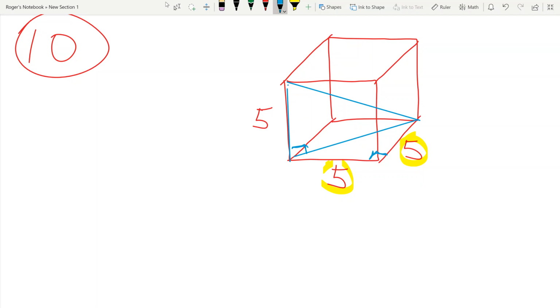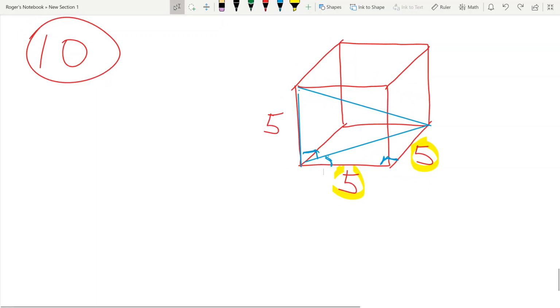Because it is a cube and all the geometry measures up, you know that this angle right in here is 45 degrees.